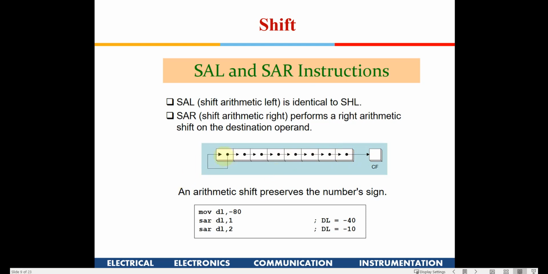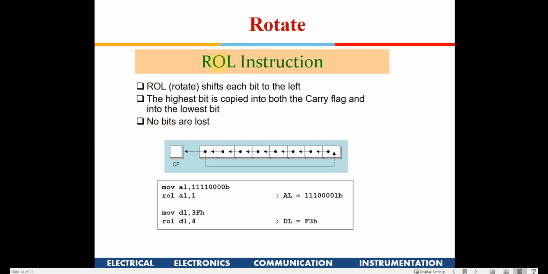For the shift arithmetic right operation, this MSB will be preserved, whereas shift logical left, it is written also here, I think it is identical to shift arithmetic left. Okay, shift arithmetic left and shift logical left will remain the same. Okay, it's not that the LSB will be preserved, so that doesn't happen. Okay, rotate. Now the rotate instruction, what it does is, here if you can see it clearly, the MSB data will come to the LSB and these data are pushed here like this, right?